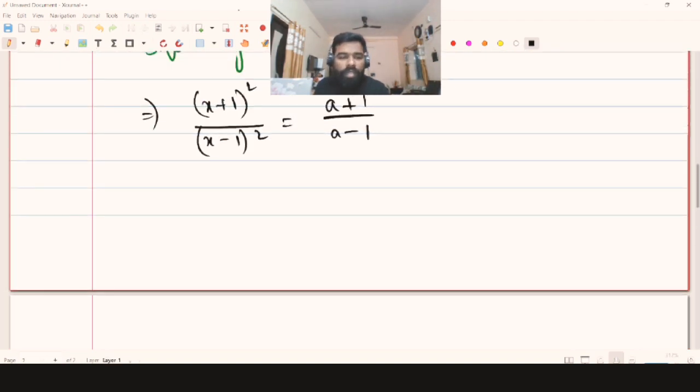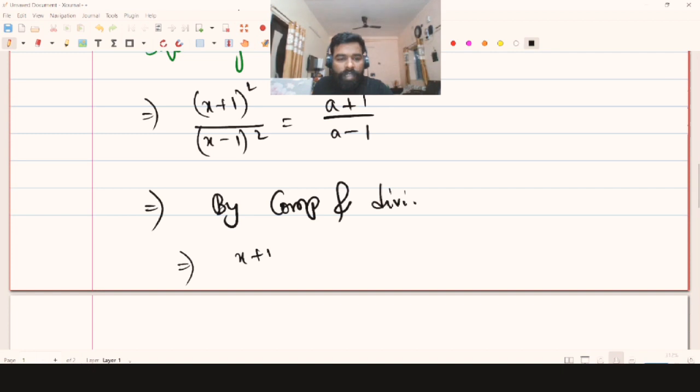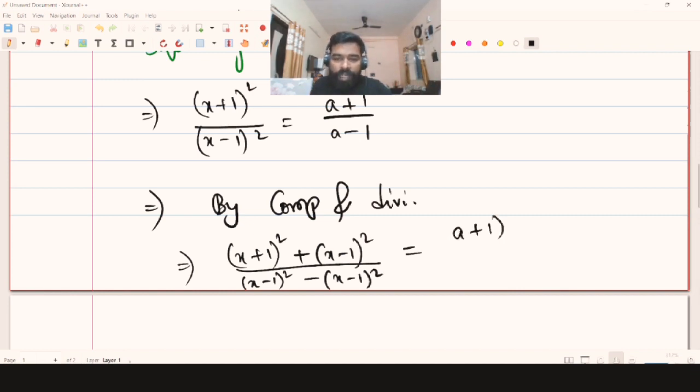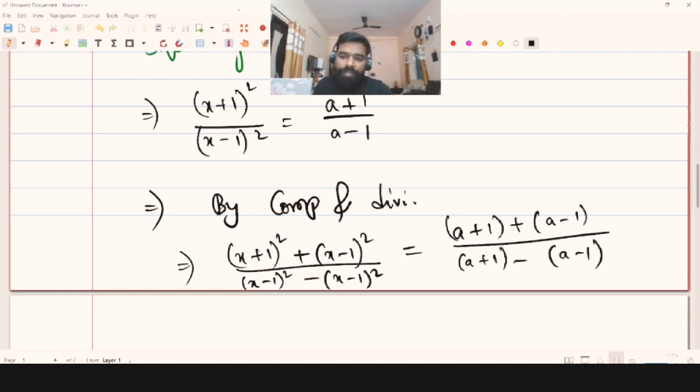So then again if you apply componendo and dividendo, what you get is this, and again this, and on the right hand side you get a plus 1 by a plus 1 plus a minus 1 and a plus 1 minus a minus 1.